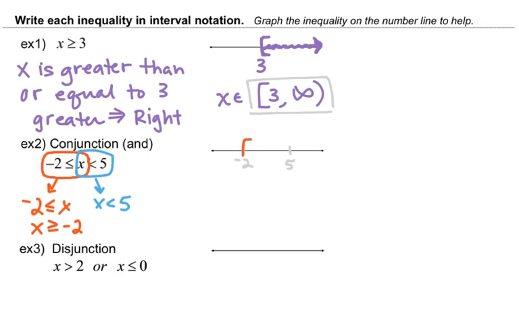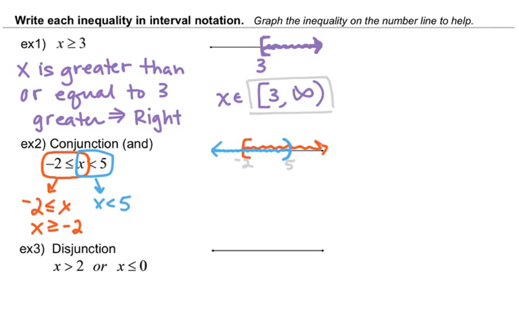Greater than or equal to -2 means I draw a bracket because of the equal, and then I move to the right, greater, because of our inequality symbol, and then x being less than 5. Less than 5, we draw a parenthesis, and then we travel to the left to go less than 5.